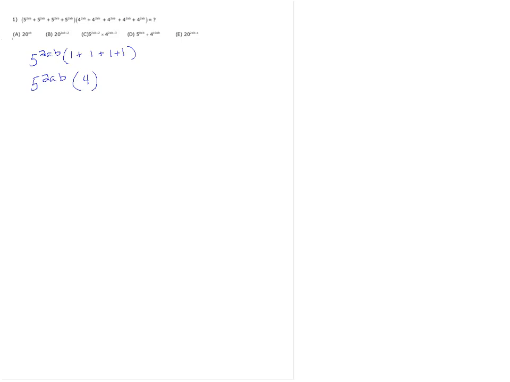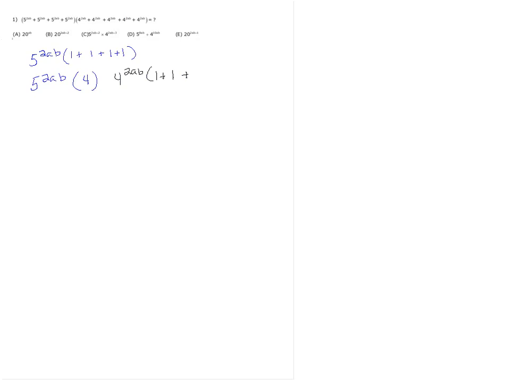We can do the same exact thing on the other side. Notice those 5 multiplications of 4 raised to the 2ab. Well, it's screaming for us to pull that out. So we'll say 4 to the 2ab. And again, I'll do it out this time so you see it.